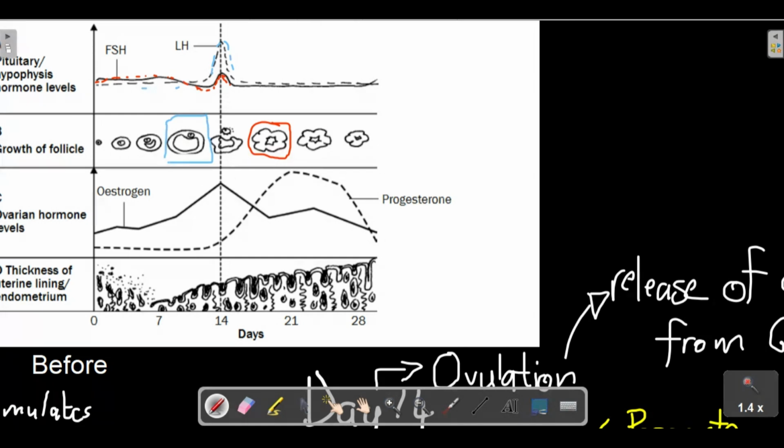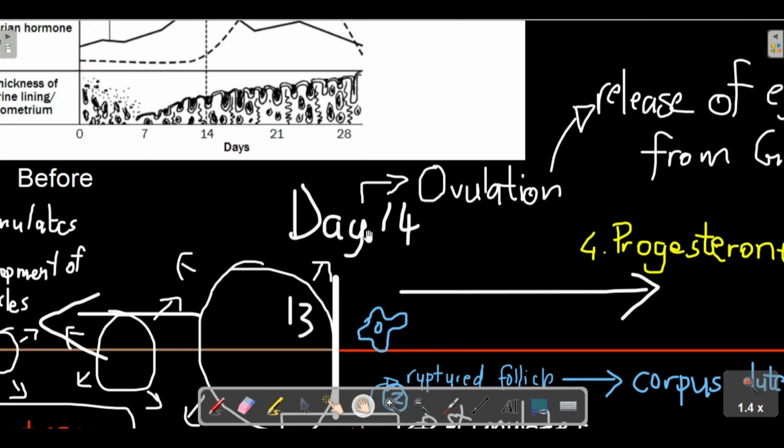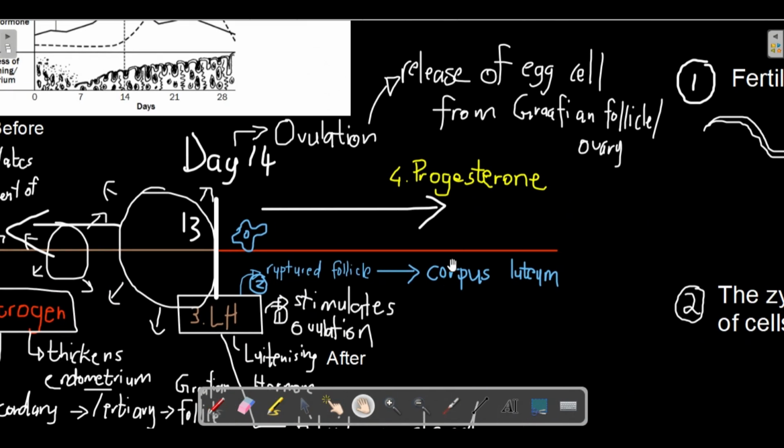This is your Graafian follicle just before day 14. And of course, this is the progression from primary to secondary to tertiary, and then to the Graafian follicle, right? And then this is the process of ovulation on day 14. And so after day 14, we have the corpus luteum as a structure in the ovary.